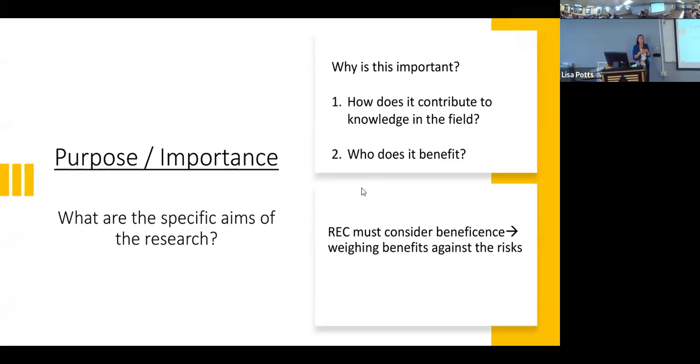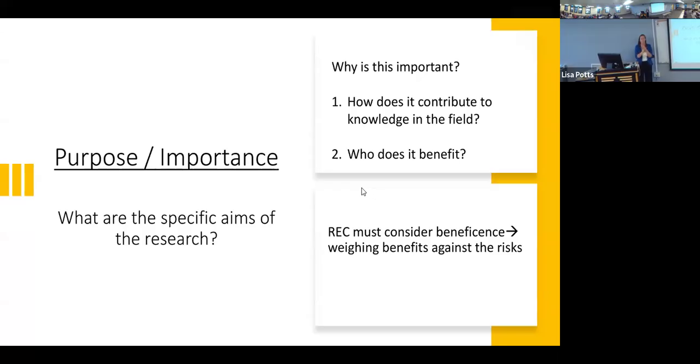So we do understand that students are on a tight timeline and that they have capstone dissertation requirements for their programs. We totally understand that. But sometimes the perspective gets a little off, in that it's like, I just have to get this done for my dissertation, just give me approval.